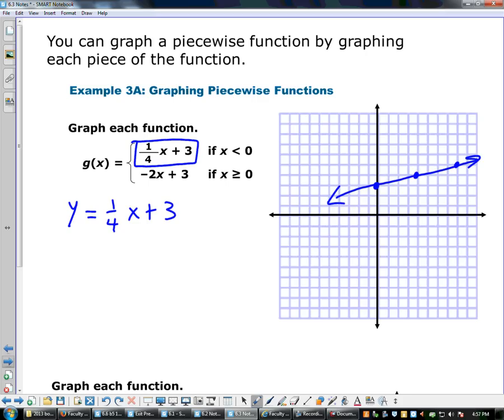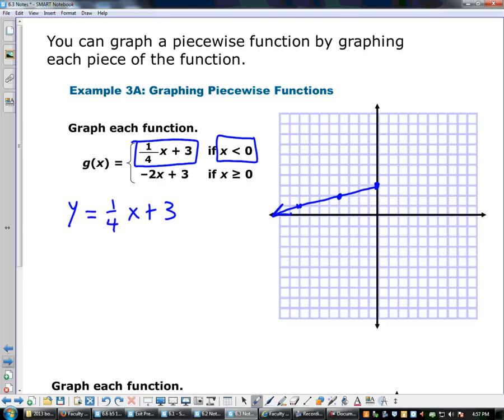But I don't want the whole line. I only want the line for x's that are less than 0. So that means I am going to erase all of this and only keep this part right here. And I might even make this look a little bit neater. So the graph looks like this.